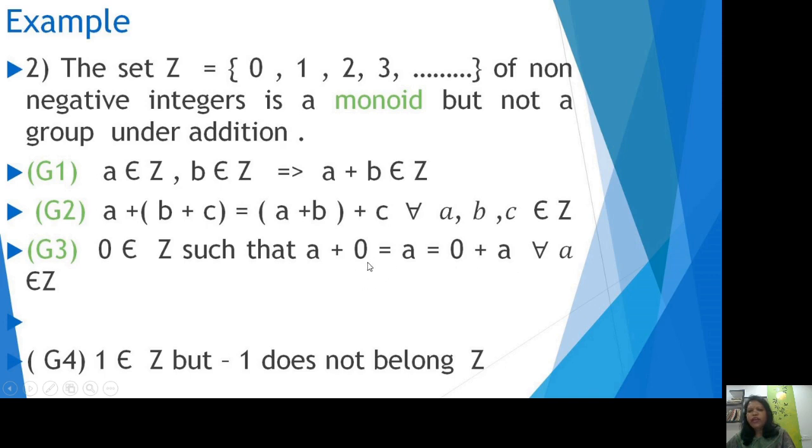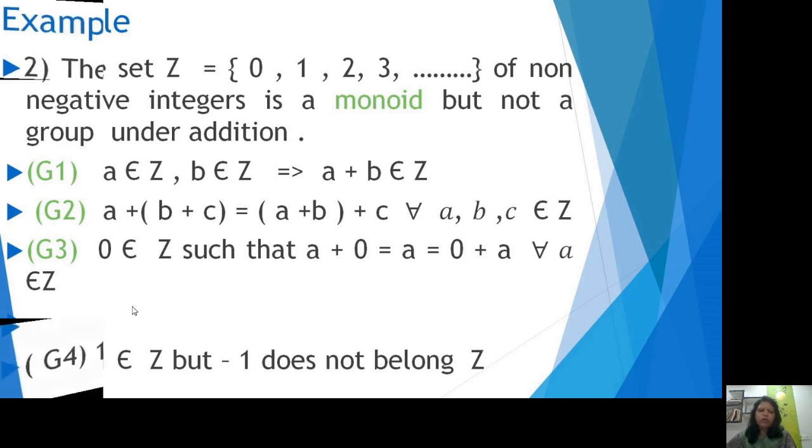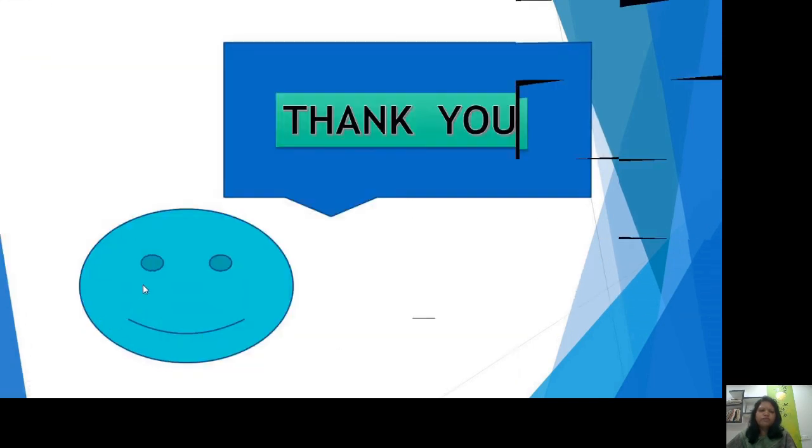That means when we add this 0 with every element it gives the original element a, and therefore the identity element for this set Z is 0, which exists, and therefore Z satisfies all these three axioms. Now what about the fourth axiom?